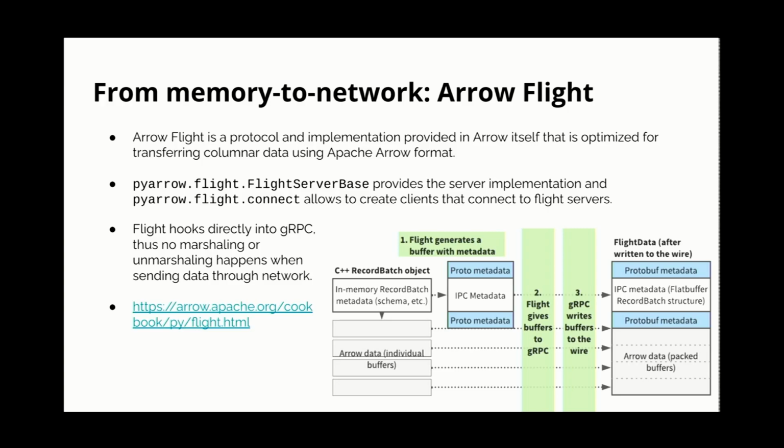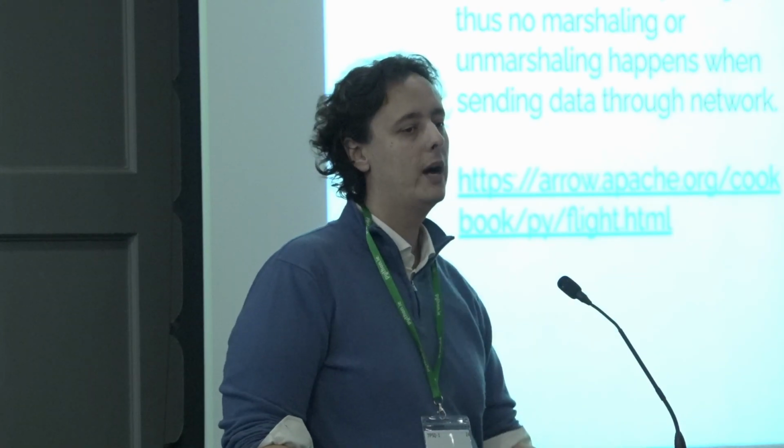Then I told you that Arrow has been evolving also into a network format, and the name of the technology that implements network support in Arrow is Flight. So we have Arrow Flight, and it's built into PyArrow itself.